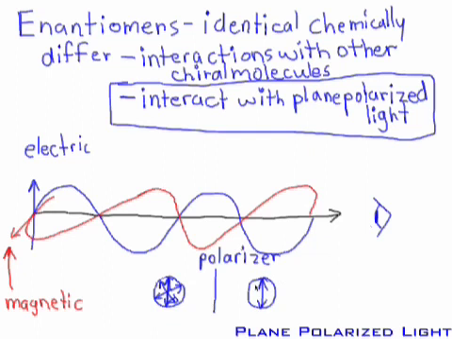And because the electric field is now oscillating in one plane, the light is said to be plane polarized light, or PPL for short, if you like. Plane polarized light.